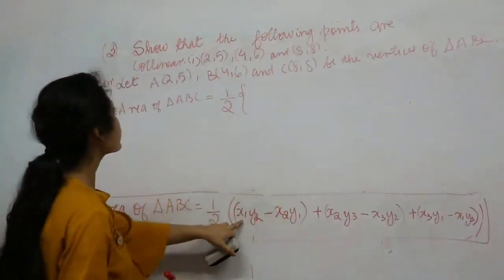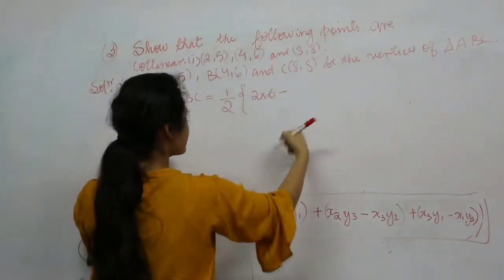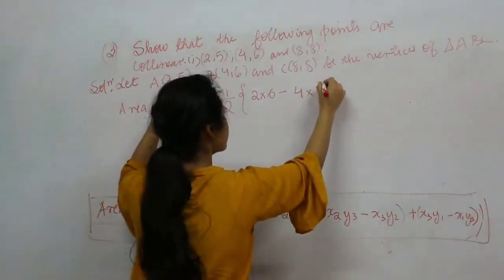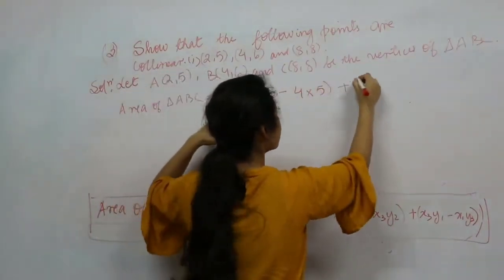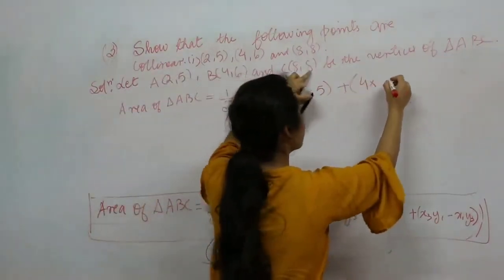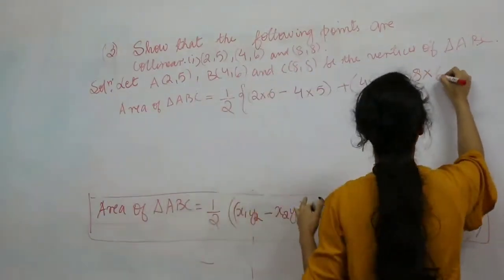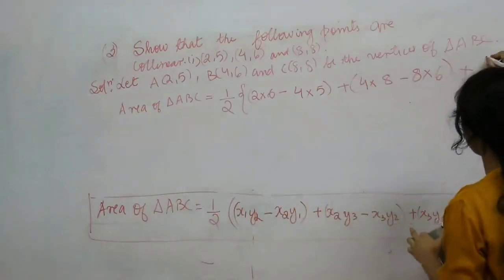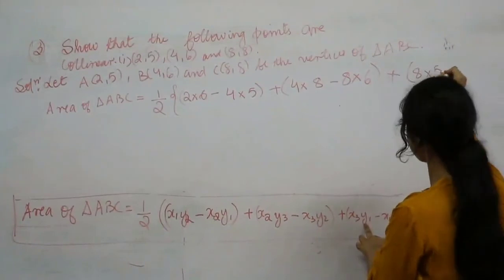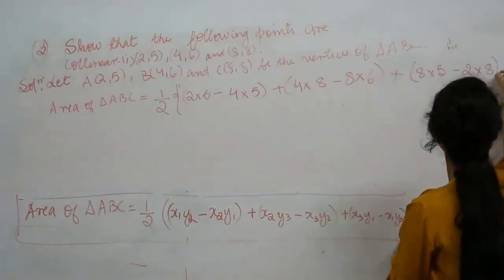Okay, what is your x1? 2 into y2 6 minus what is your x2? 4 into y1 5 plus x2 4 into y3, 8 minus x3, 8 into y2, 6. Plus what is your x3? 8 into y1, which is 5, minus x1, 2 into y3, 8.